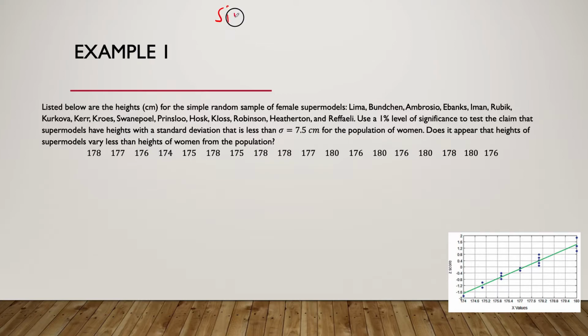So we have a simple random sample, and we have a normal distribution. Or I should say approximately normal distribution.